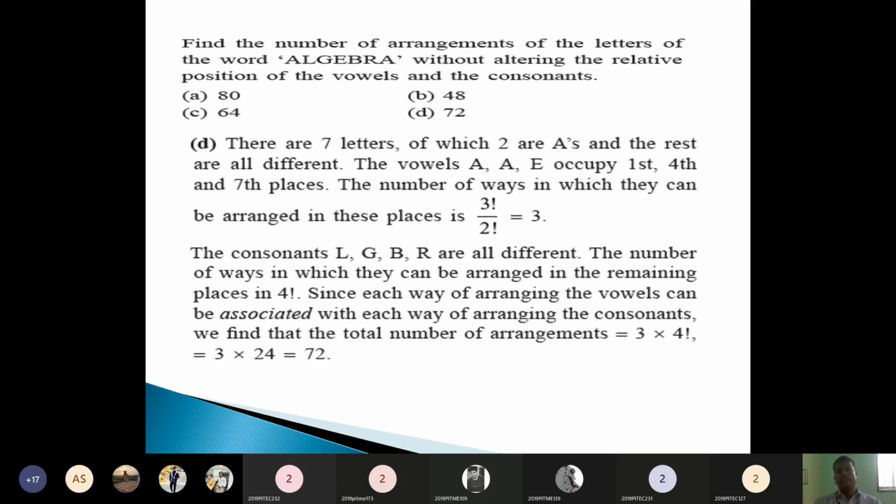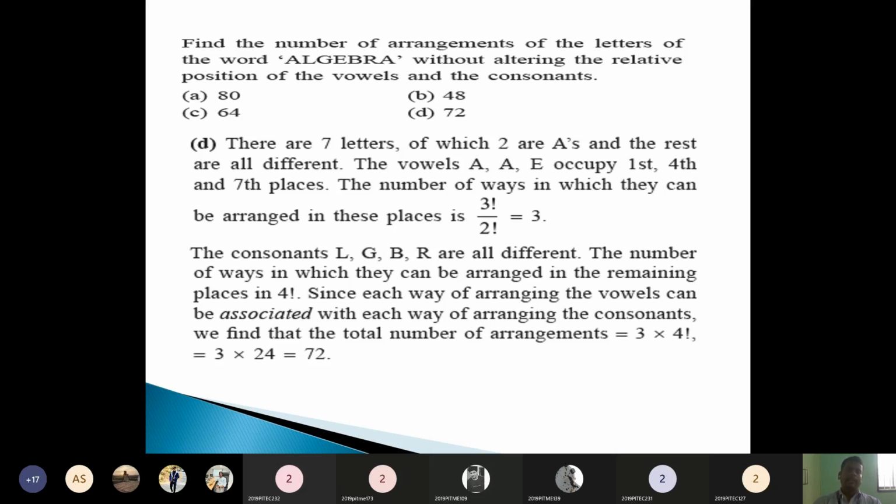How many different ways can they be arranged in the 3 positions? 3 factorial ways, but the vowel A is repeated. If some letter is repeated, you have to divide by that factorial, as per the formula. So it is 3 factorial by 2 factorial, that is 3 different ways you can arrange it.